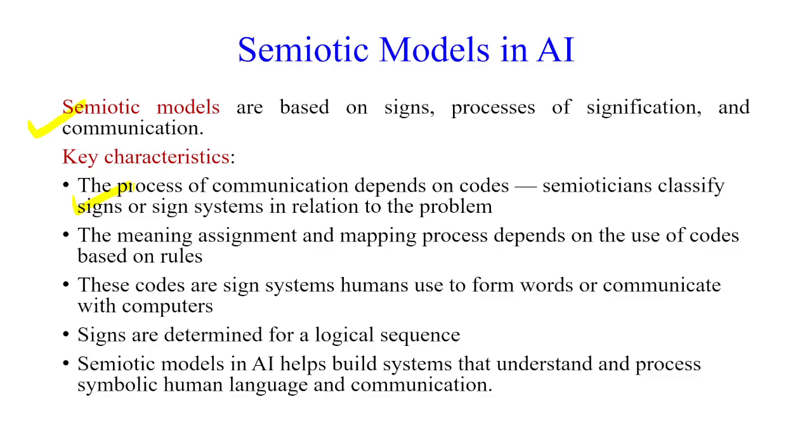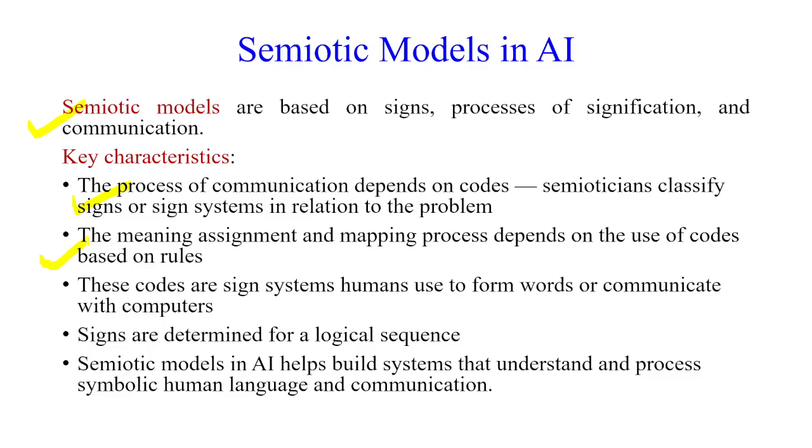So every language, every symbol system, every form of communication follows a set of codes. The meaning assignment and mapping process depends on the use of codes which are based on rules. So when you read a word, you are using a code, the rule of language.